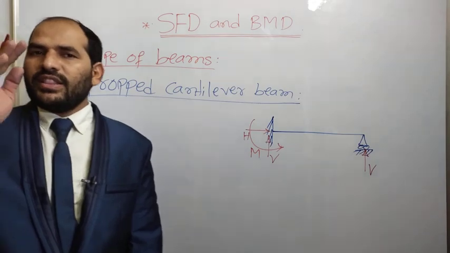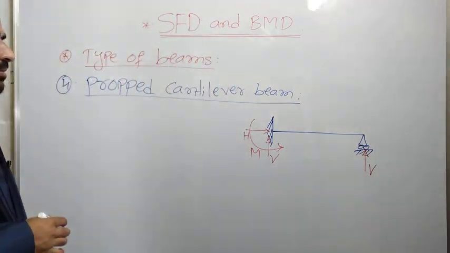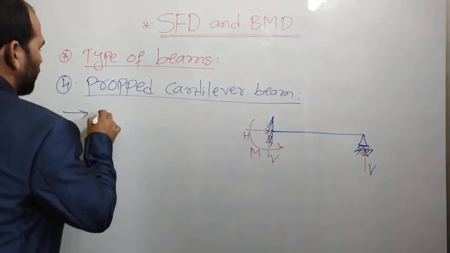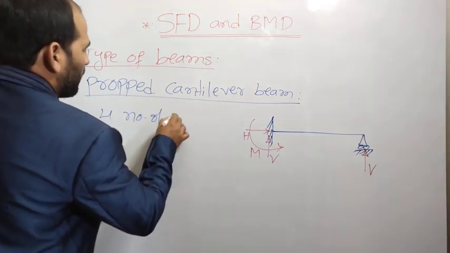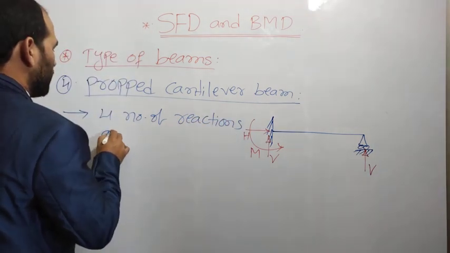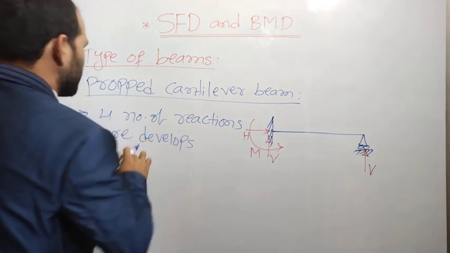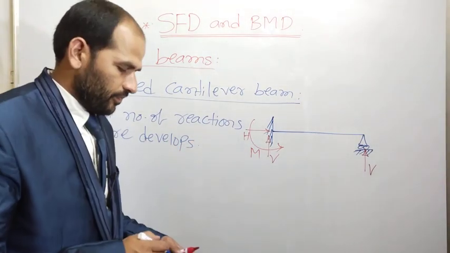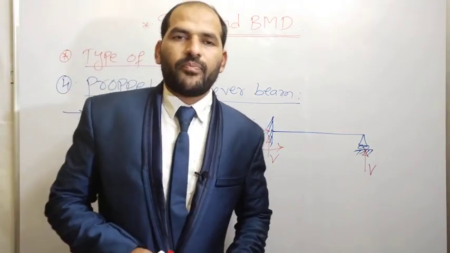That's why in the propped cantilever beam, the number of reactions developed is 4.